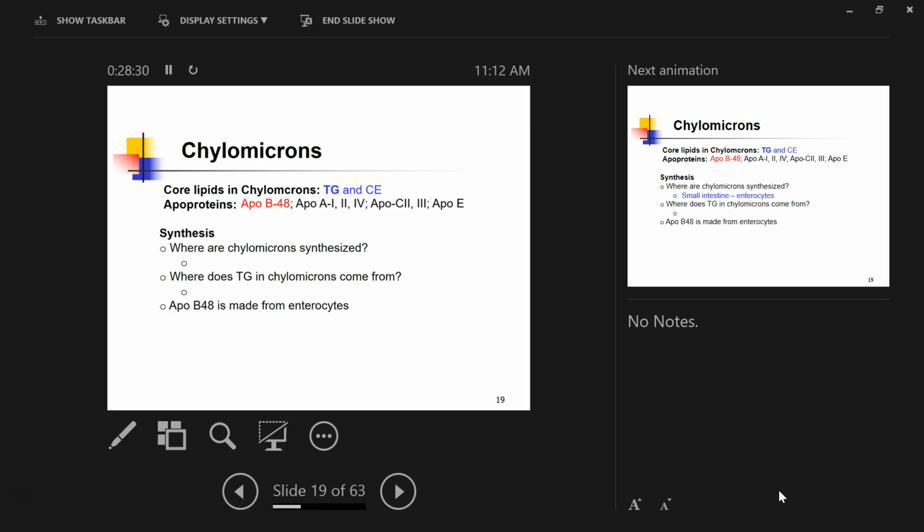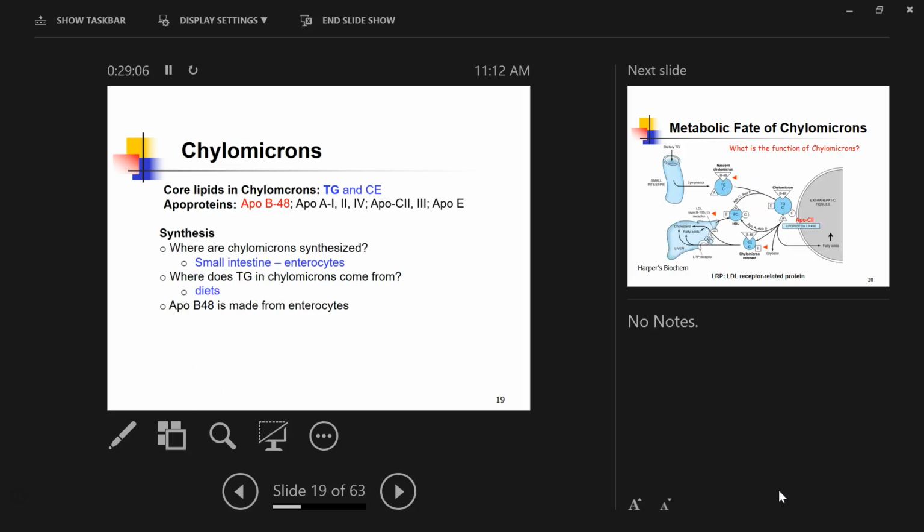Okay, synthesis. Which tissue synthesizes the chylomicrons? Small intestine, yes. So the small intestine is the place where chylomicron is synthesized. And where does triglyceride in chylomicron come from? Yeah, from diet, right? From diet. So basically, absorbed.